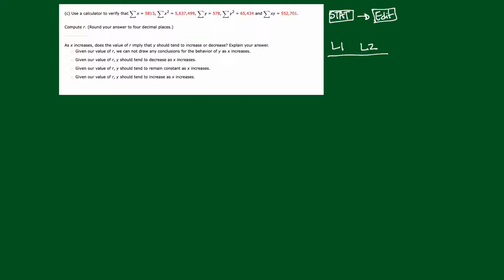Now, let's type this in. I'll go down the L1 column. Get your cursor in L1. Let's go with 1,004, 975, 992, 935, 987, and 920.